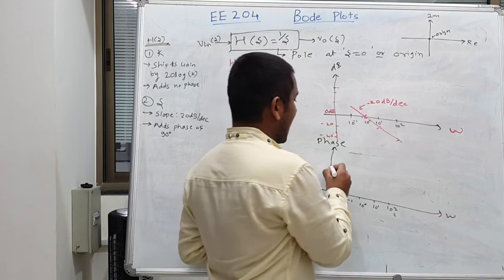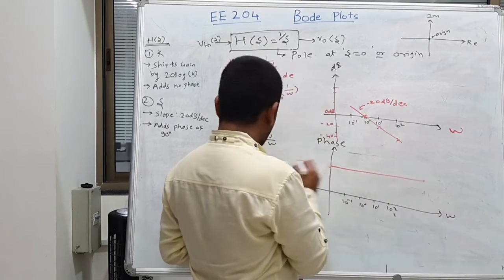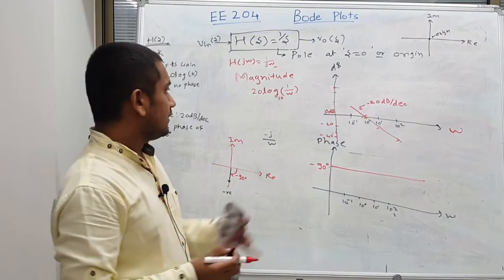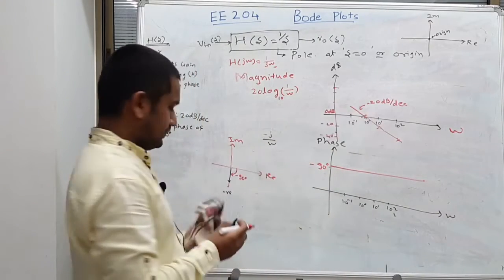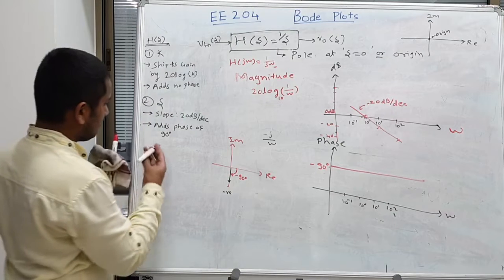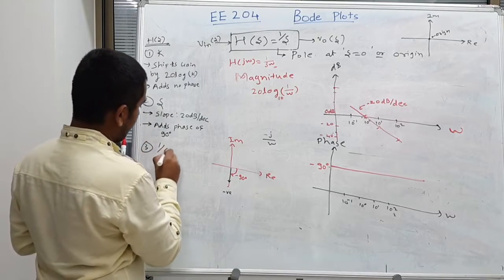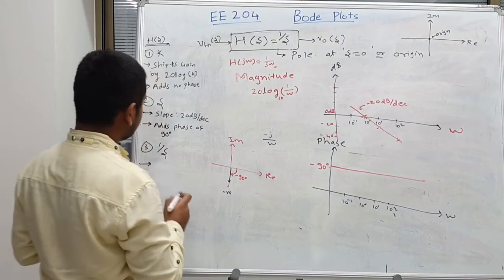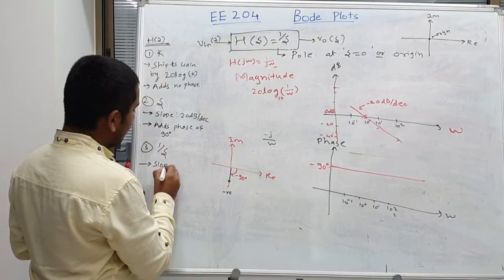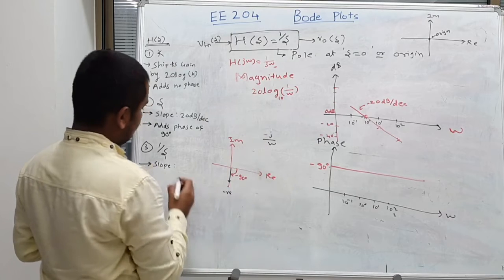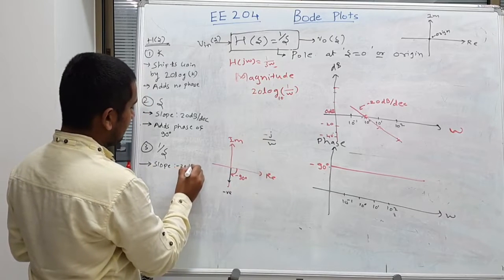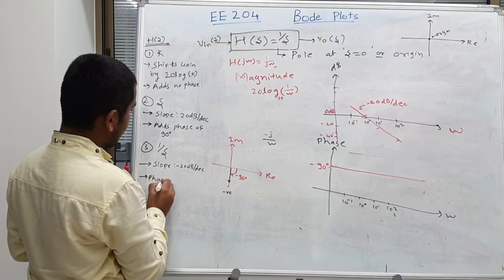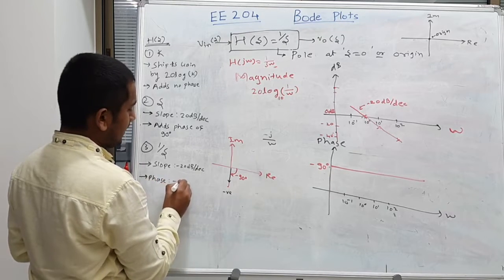That's why this adds a phase of minus 90 degree. We will write these two insights about 1 by s. The first is slope is minus 20 dB per decade and phase is minus 90 degree.